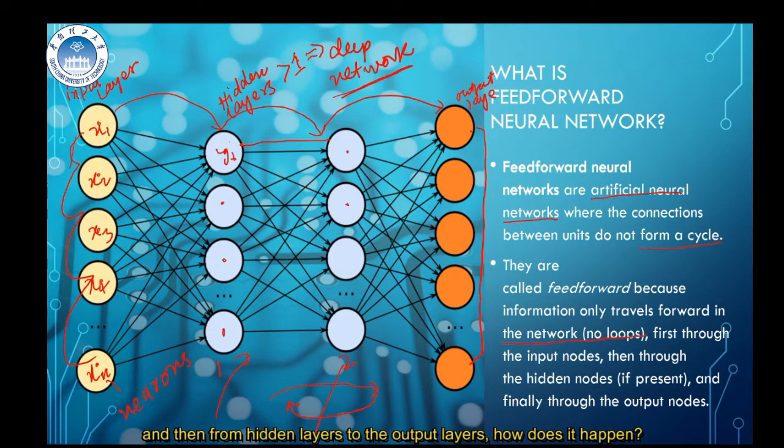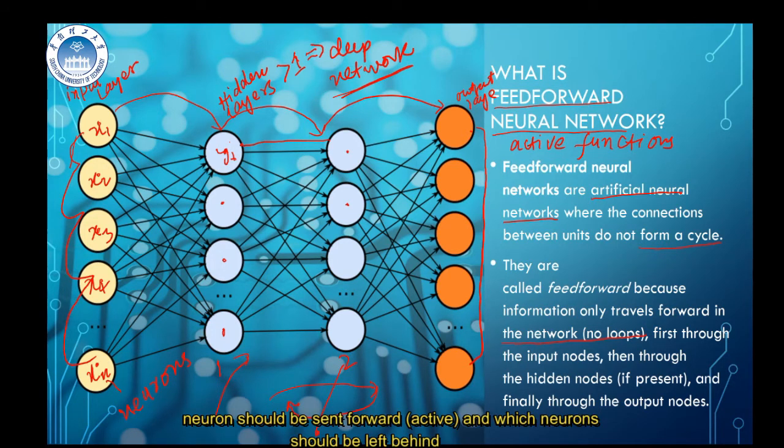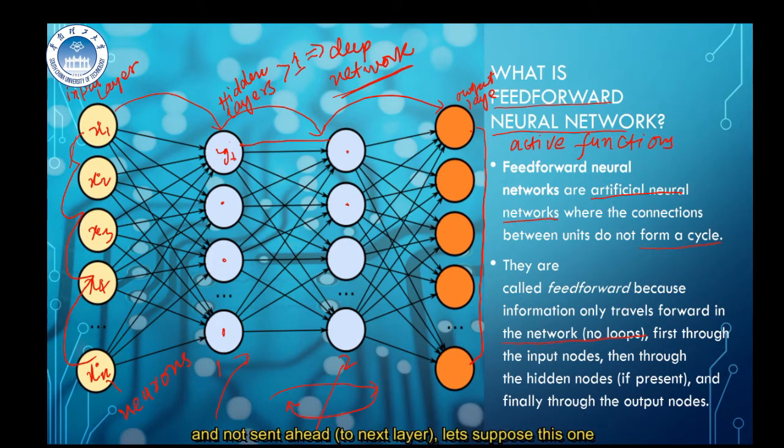How does it happen? The way it happens is that the feed forward network uses activation functions, and those activation functions decide which neuron should be sent forward and which neuron should be left behind and not sent ahead.